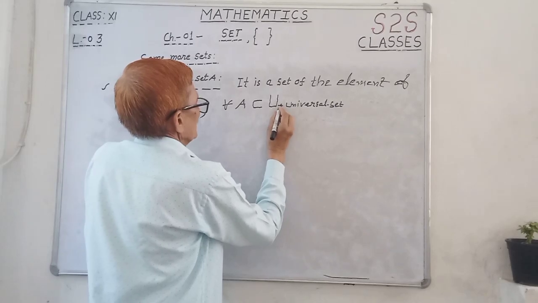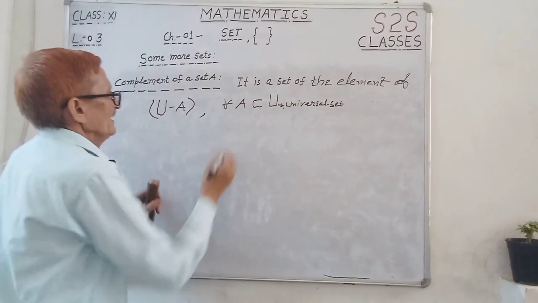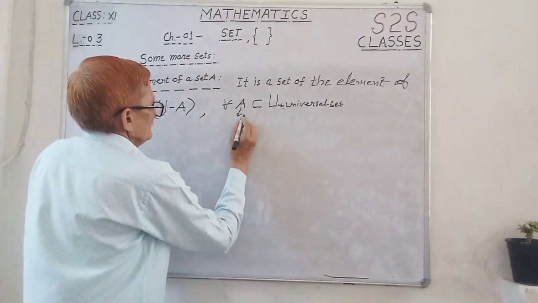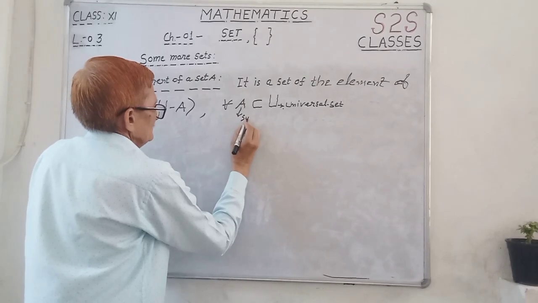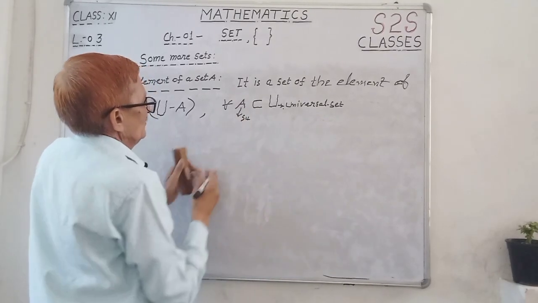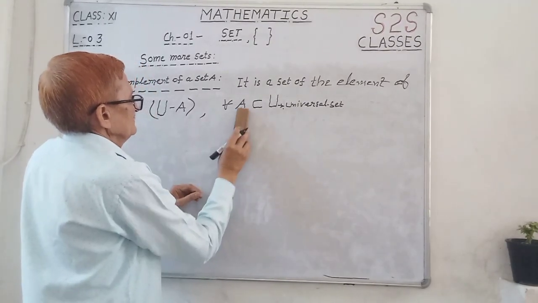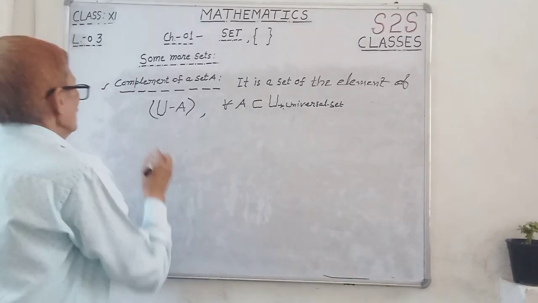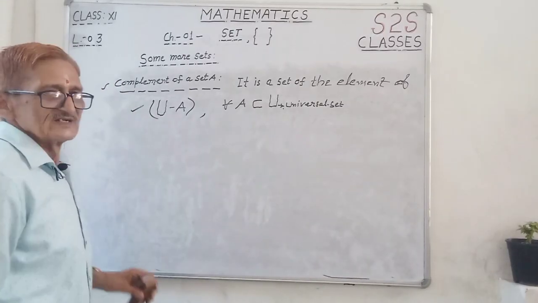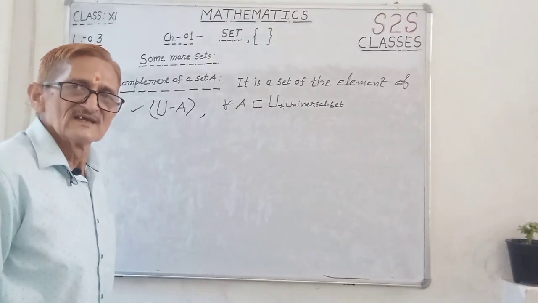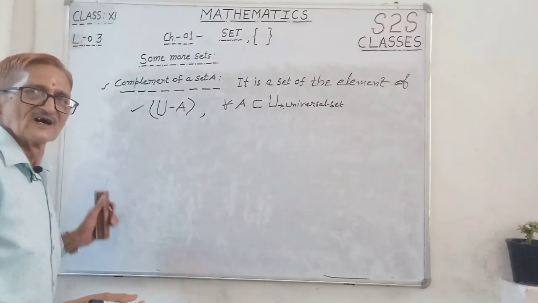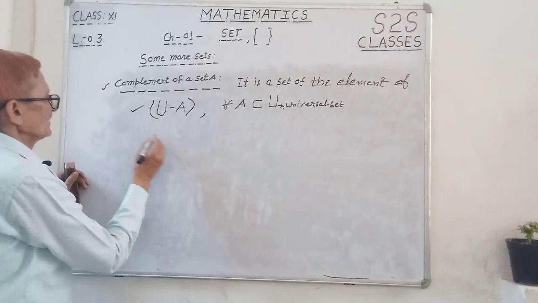This is universal set U, and A is the subset. So all elements of U minus A form the set called the complement of set A.